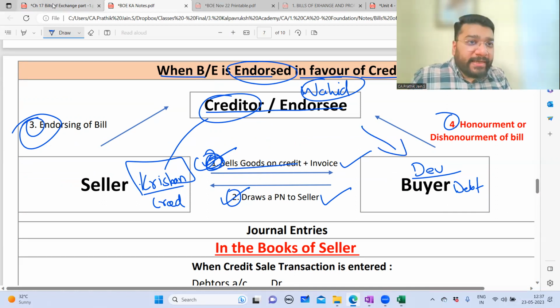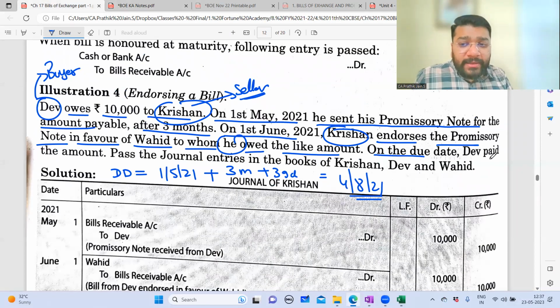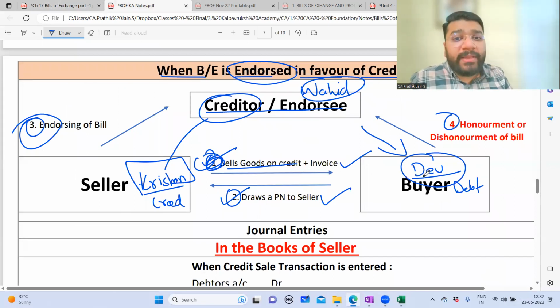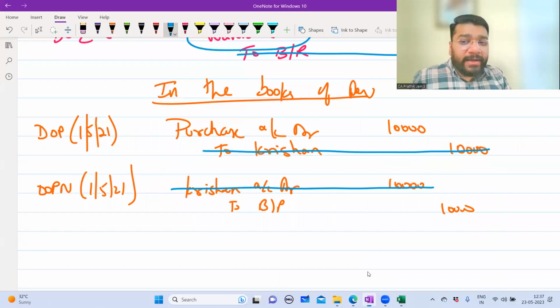The question very clearly said that on the due date, Dev paid the amount, which means he is honouring the bill. So can I say the fourth transaction Dev needs to capture, because this is a transaction between Dev and Wahid. So what will be the journal entry?